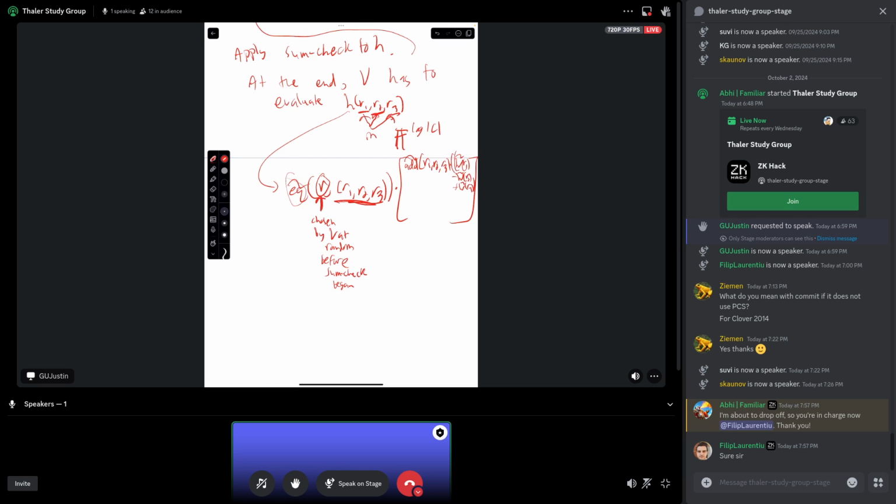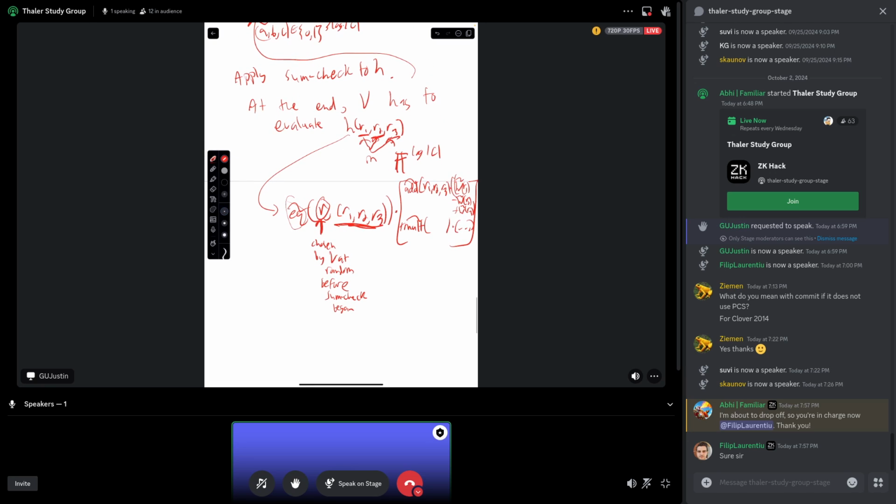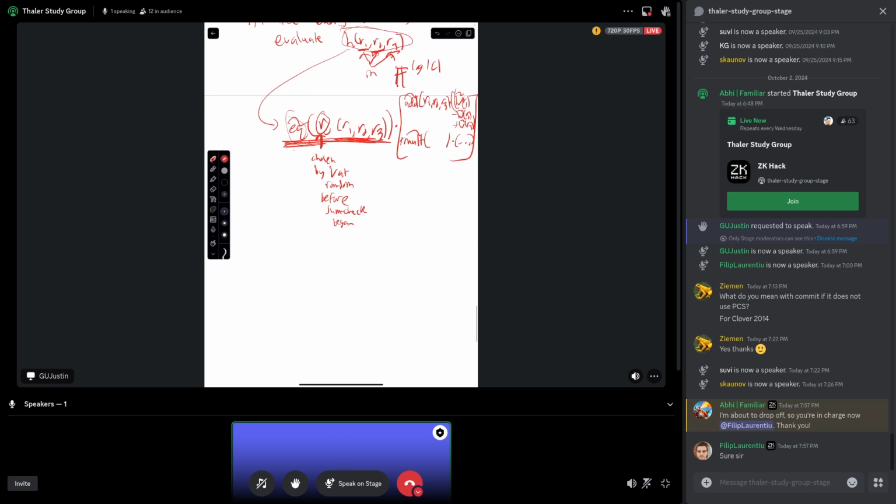I'm just reminding you. And so the point now is, the verifier at the end of the sum check has to evaluate H at a random point. That entails evaluating EQ twiddle at one point, which the verifier can do on its own very quickly.